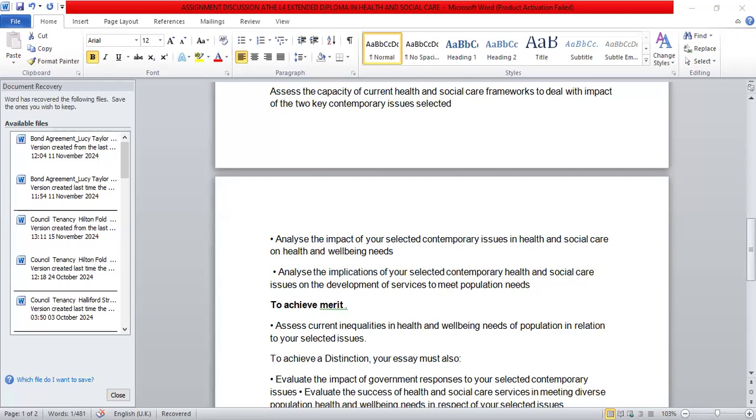Then, if you want to get a distinction, you should be able to consider the government policy initiative in respect of your chosen issues and evaluate the issues of government policies. Evaluate the issues of government policies.